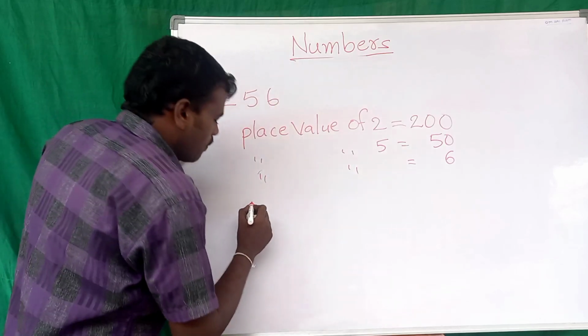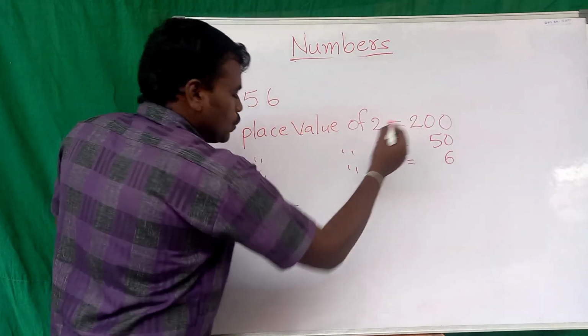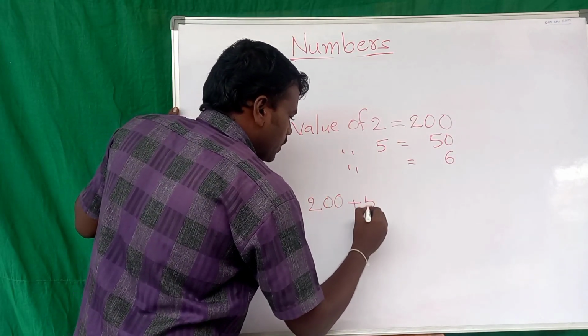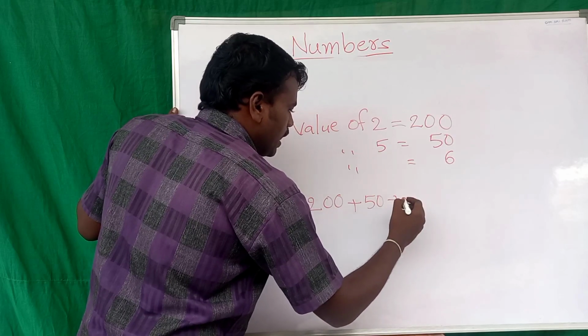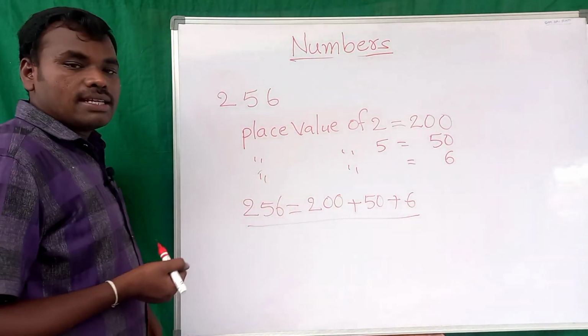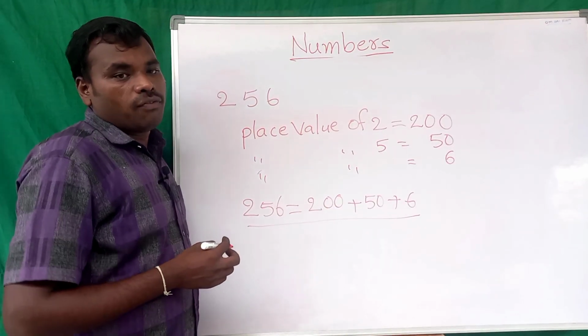So 256 is equal to 200 plus 5 tens, that means 50, plus 6 ones. This is called expanded form.